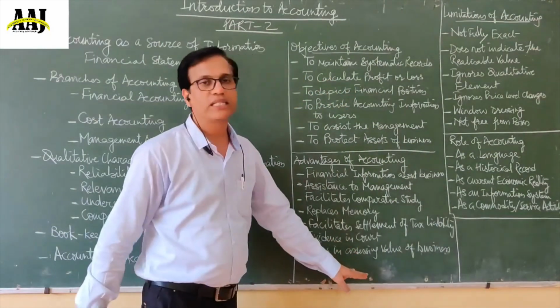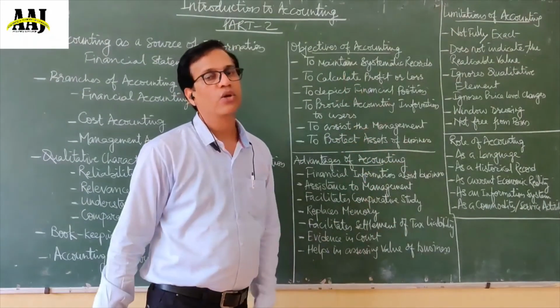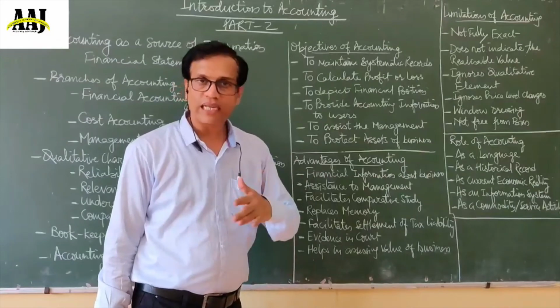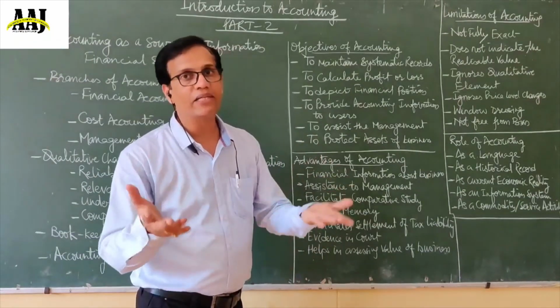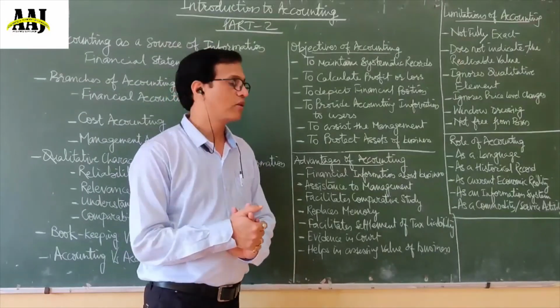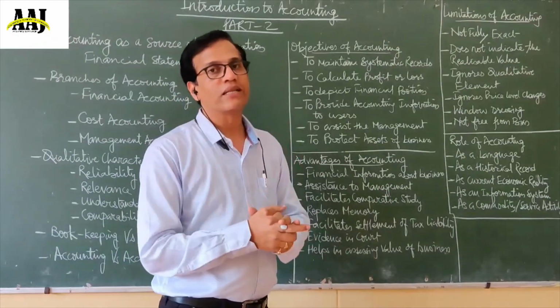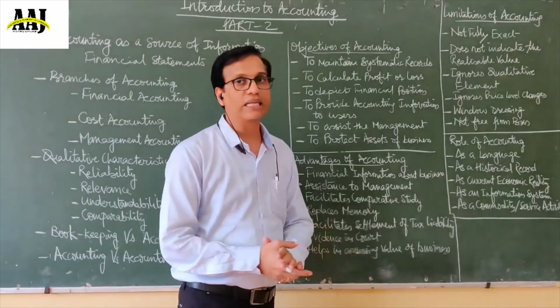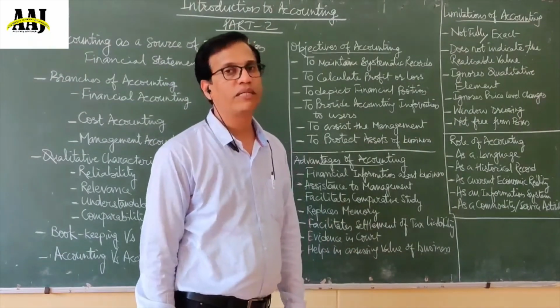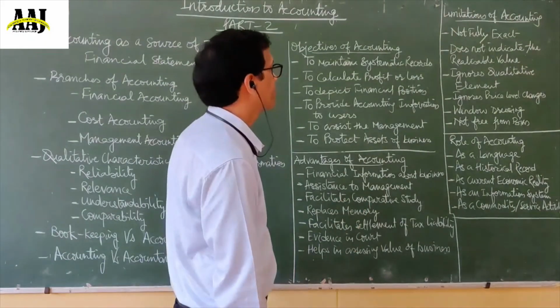That value can easily be assessed because we have proper records of all the assets as well as all our transactions, which may tell us about our pending liabilities. What are the amounts which are still to be paid? So about our outstandings as well as about our possessions, the records of accounting will be telling. On the basis of that, we can assess the value of business.